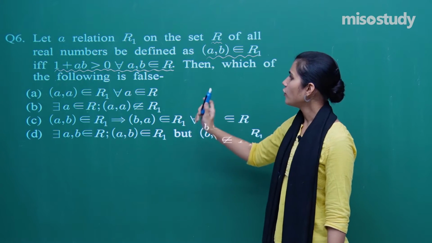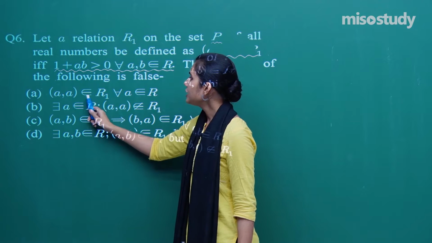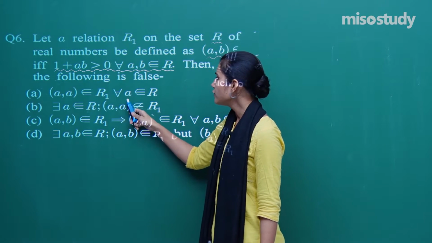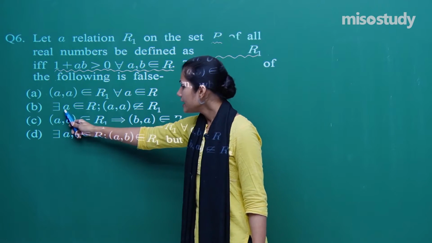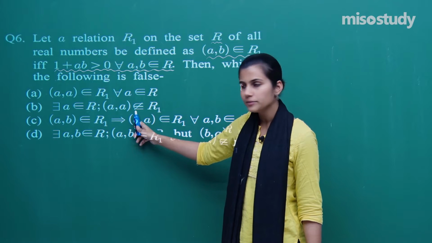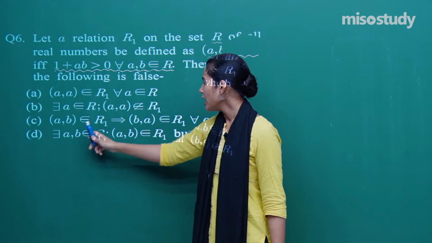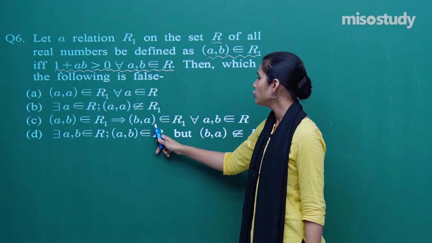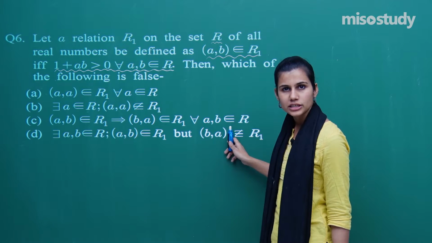Then, which of the following is false? It is saying A is related to A under the relation R1 for all A in the collection of all reals. Then it is saying there is some real number which is not related to itself under the relation R1. Then it is saying A is related to B under R1 implies B is related to A under R1 for all A, B in the collection of all reals.